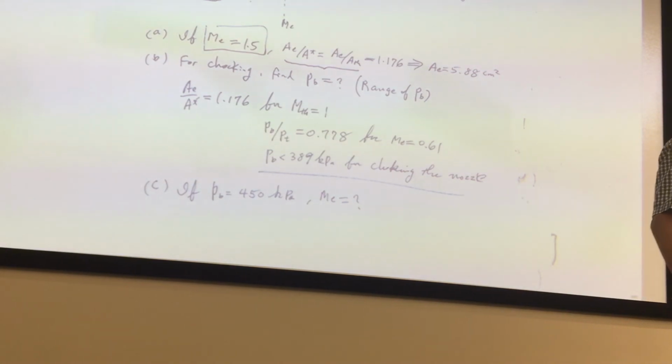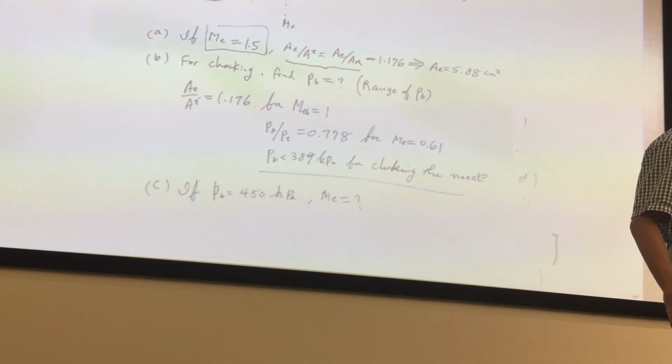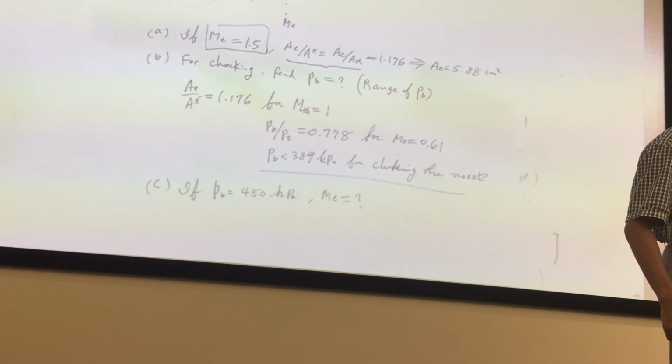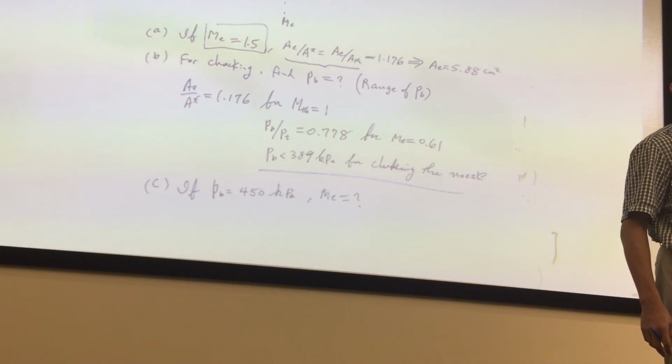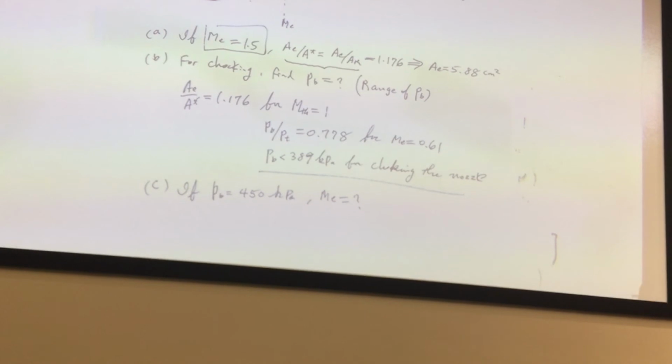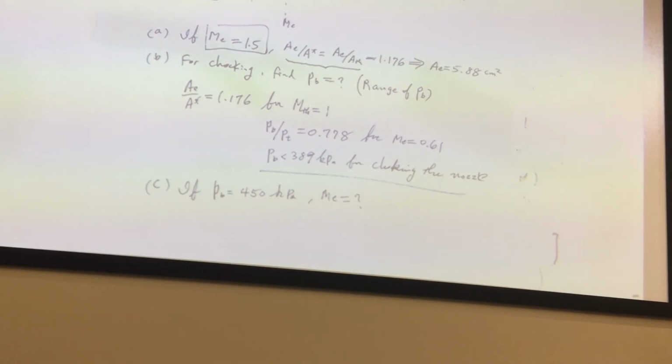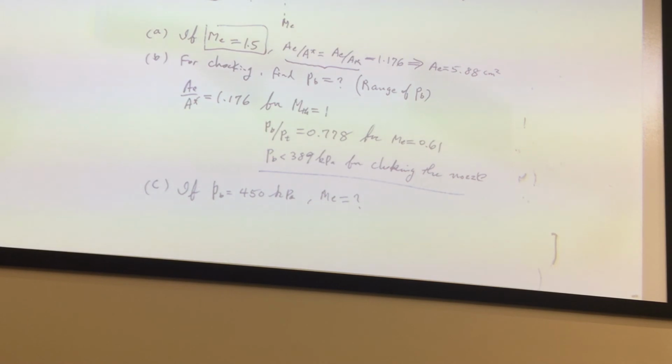You don't care whether it's a supersonic exit or subsonic exit, or whether there is a shock wave or not. So the answer is beyond your question. I tried to preempt this question. Okay, so this is great.